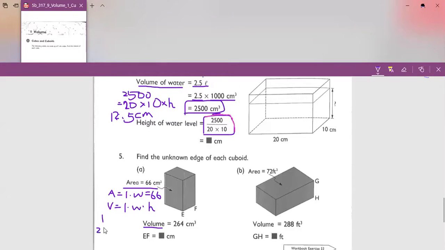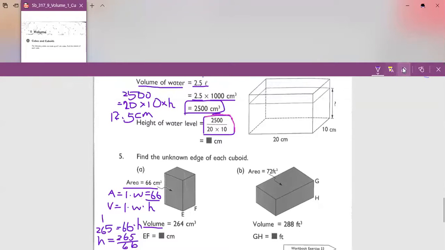So we have 264 equal to length times width, which is 66, times the height. So what is the height for question number 5, figure A? The height will be 265 divided by 66. It's 264, I'm sorry, yeah, 264. Thank you.